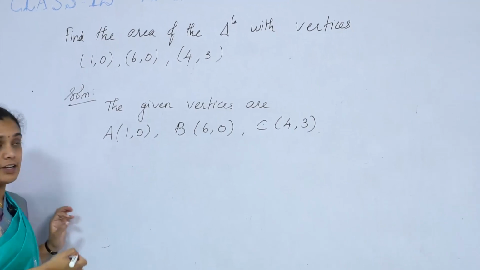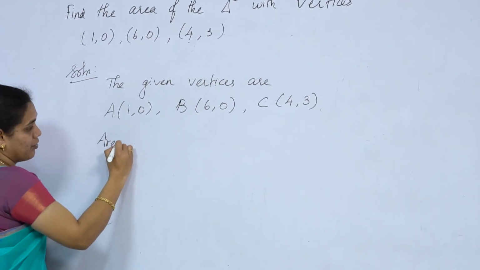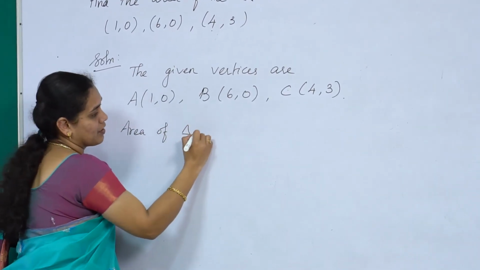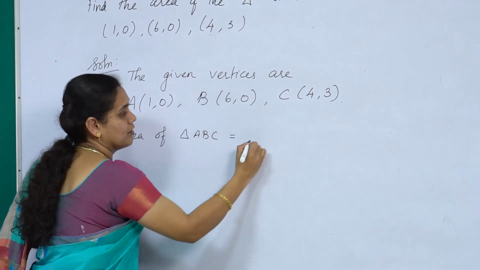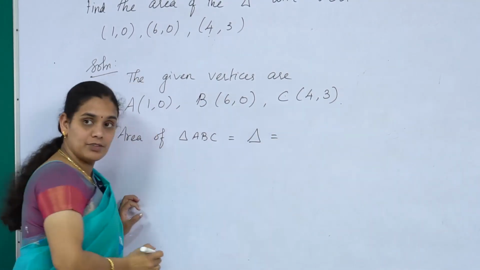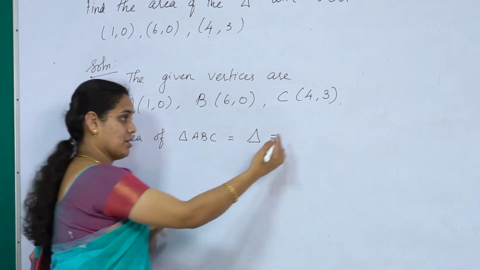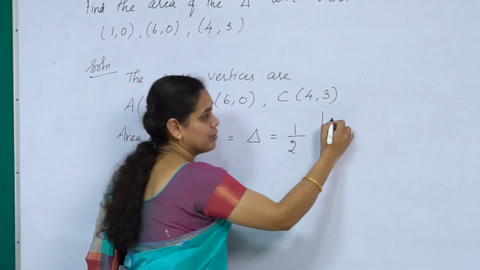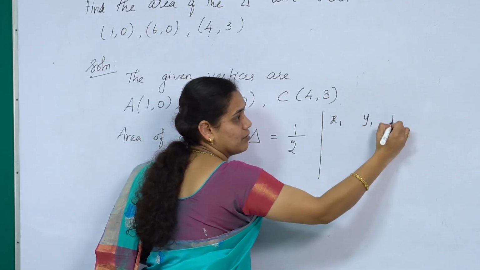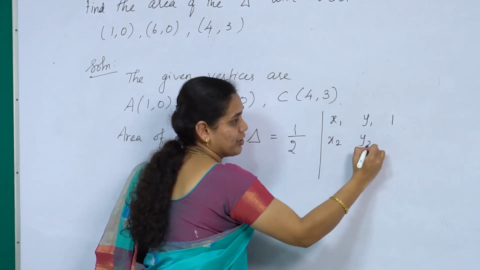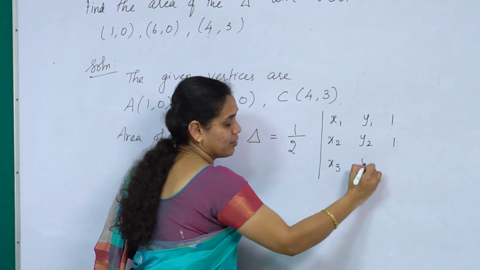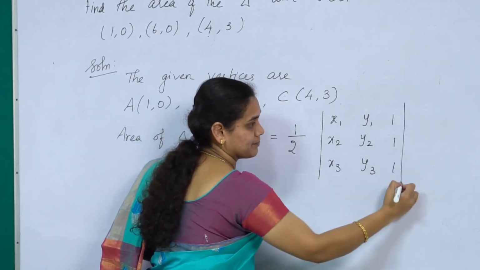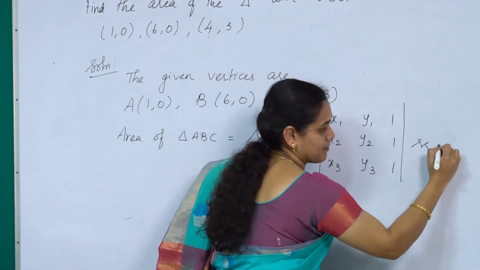Now we have to find the area of the triangle ABC. We are going to use the determinant, so half times the value, the formula: x1 y1 1, x2 y2 1, x3 y3 1, in square units.